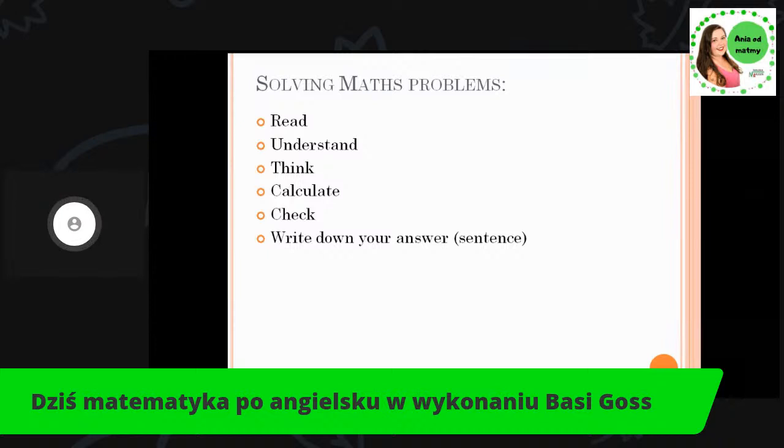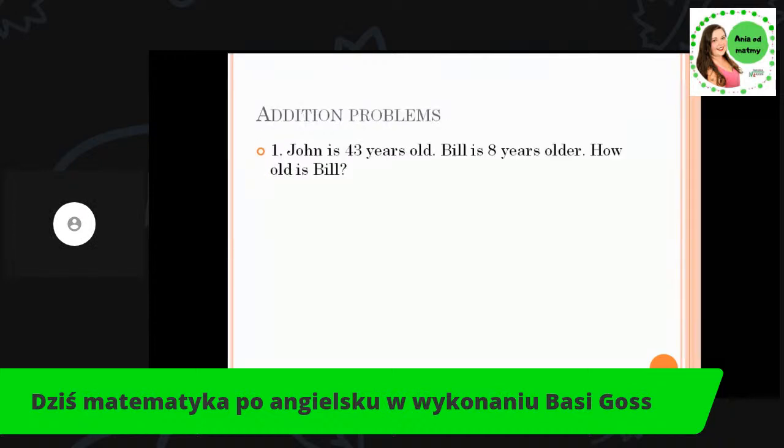And then we start writing things. So we write our calculation, we write our check, and we write the answer using the full sentence. Let's solve some problems.